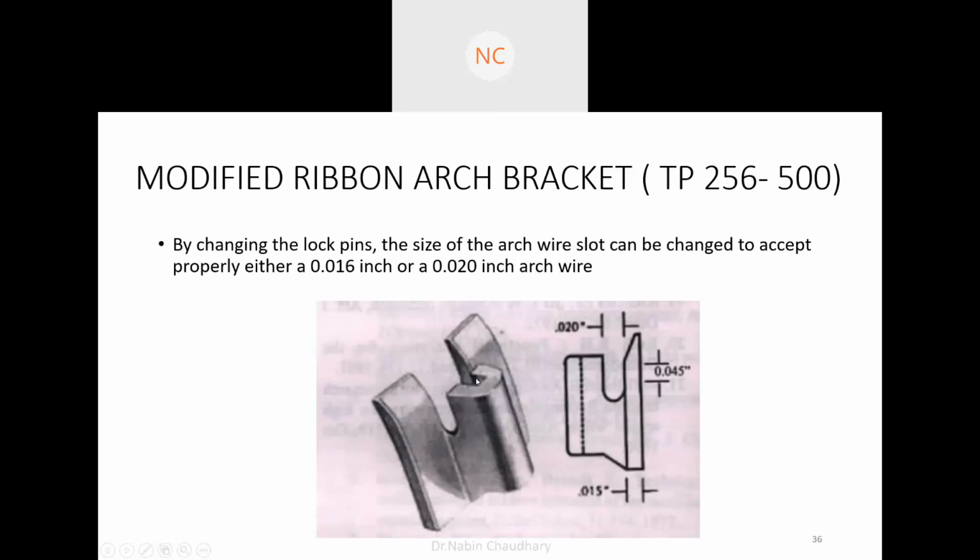With the application of the pin in this slot, the archwire that can fit in this vertical slot is either 0.016, which is generally used in stage 1, or the pin can be inserted so that only the 0.020 archwire is left, which is generally used in stage 2.